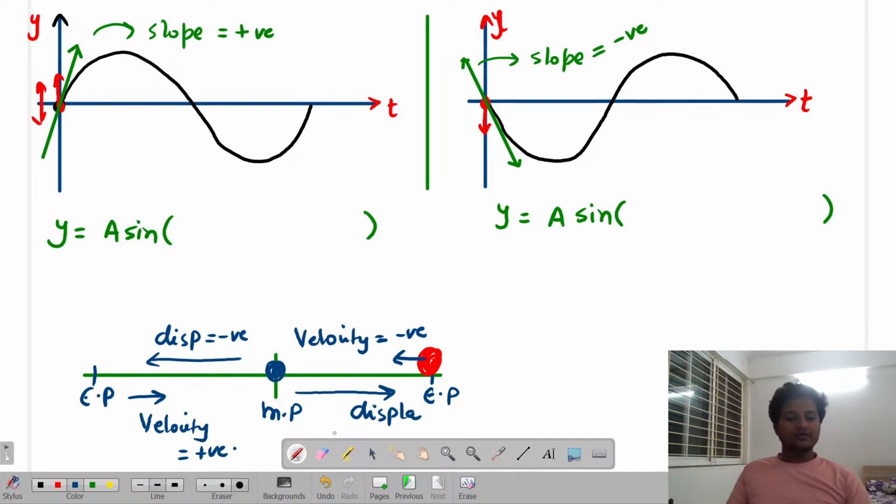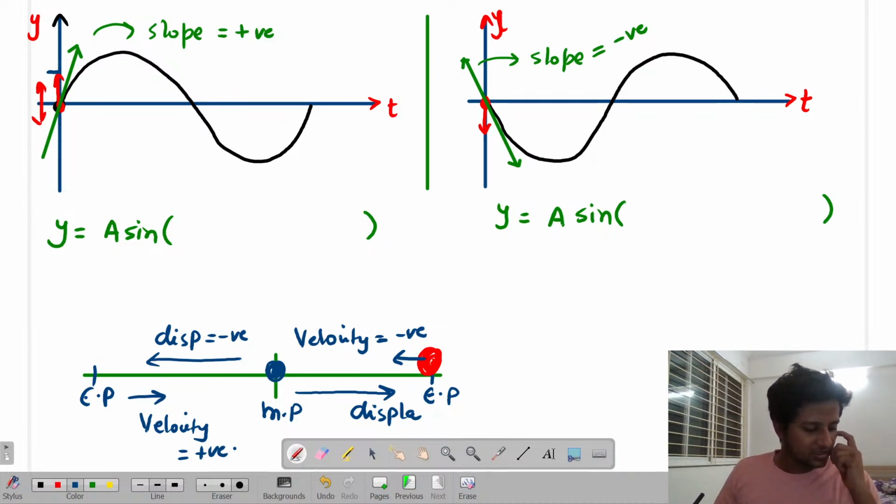So these are two different things. Basically these two graphs represent that. In one case, my displacement of the particle is on the right side. In another case, my displacement of the particle is on the left side. So the question arises that which one you are going to consider. Both are correct in themselves, but there is a discrepancy.